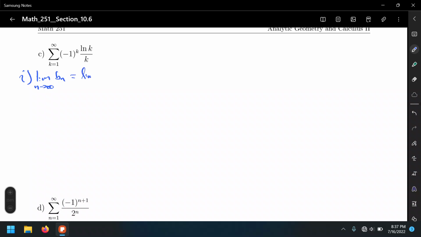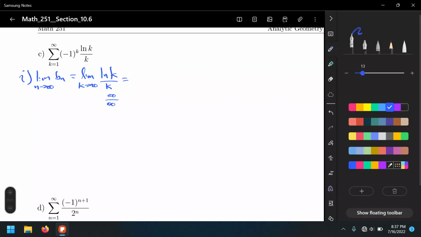So limit of ln of k over k as k approaches infinity. Well, on the one hand, it turns out that this one is an indeterminate form because we are going to have infinity over infinity, which means that we need to do L'Hopital's rule.